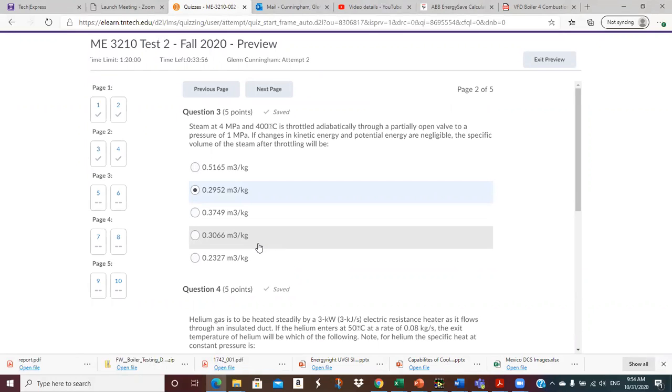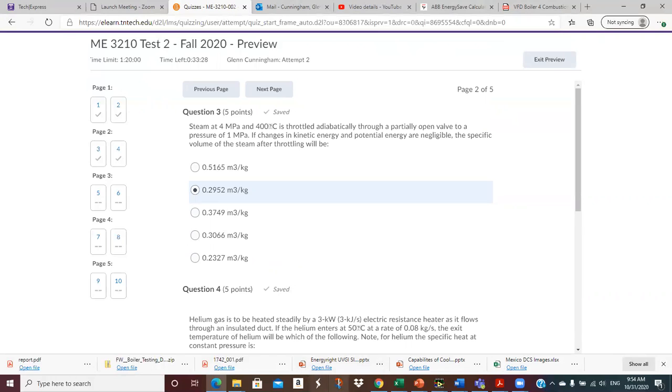Question 3. Steam at 4 megapascals and 400 degrees C is throttled adiabatically through a partially open valve to a pressure of 1 MPa. If changes in kinetic and potential energy are negligible, the specific volume of the steam after throttling will be... Okay, so this is just a throttling process.